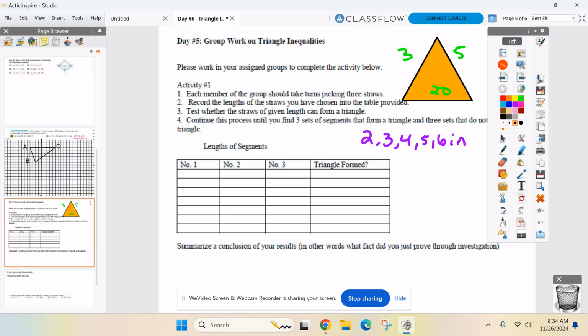So 2, 3. You have 5. No, that was 4. So we need 5. So do we need 1 more piece? This is step 4. Let's get those pieces cut so we can move on to the second part of this. Do you wanna eat it?